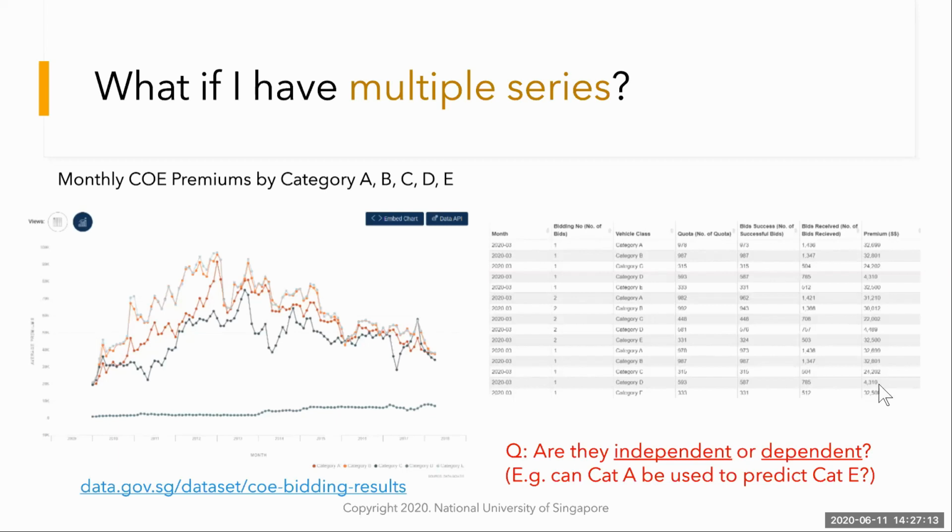So maybe any feature that applies to usage or demand of motorcycles. For example, recently we have all these Grab food and Deliveroo, right? Maybe more demand for these. You can use that to predict the price, but nothing from the others. Okay. So if you have multiple time series, you have to think about, are these series related? Can you use one to predict the other? Or are they independent? And there's no point.